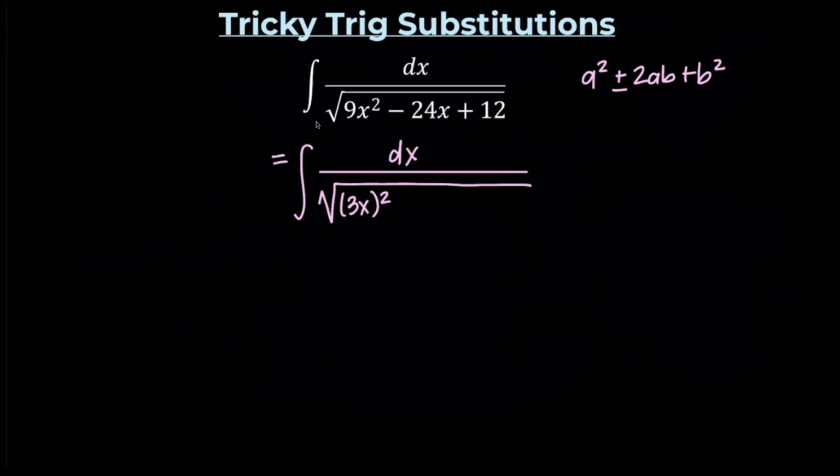And then this middle term, in this case it's subtraction, so minus 2 times the value of a. Well, a is 3x, and then times b.